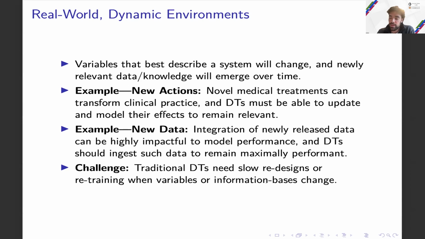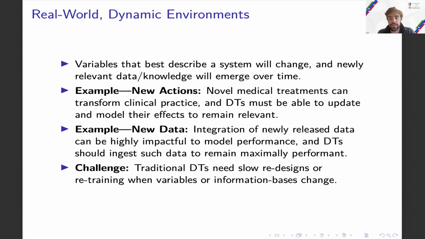Apart from new variables, there can also be new information that becomes available that should affect the way that we model the dynamics of a system. Essentially, we are basing our models off information, whether that be data or human knowledge over expected dynamics or expected treatment effects and things of that nature.